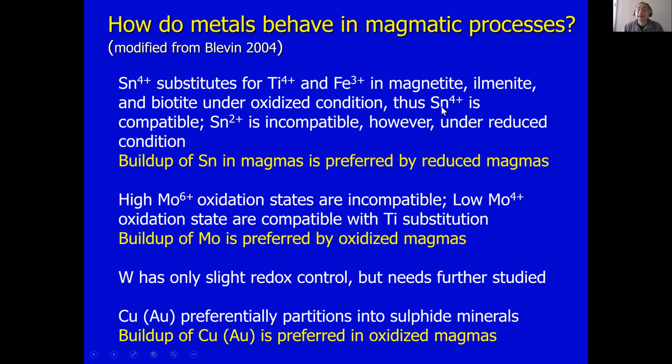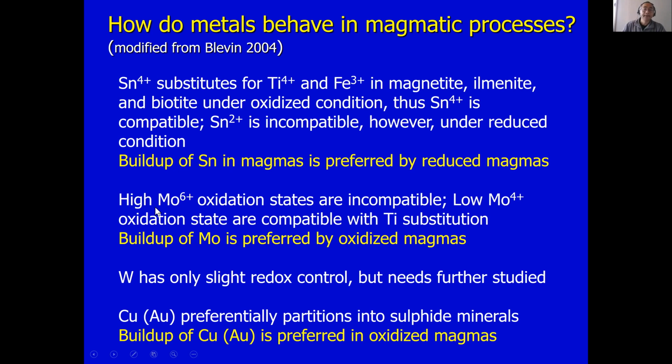So tin 4+ is compatible during evolution in oxidized melt, but tin 2+ is incompatible, however, under reduced magma conditions. So that's why the buildup of tin in magmas is preferred by reduced magmas.